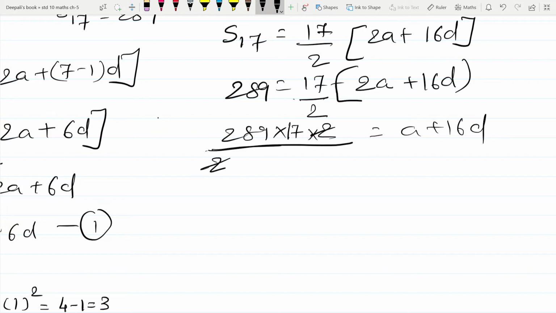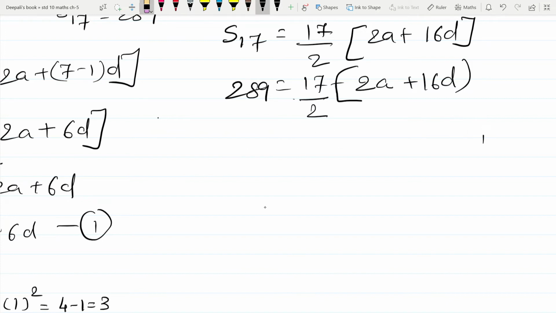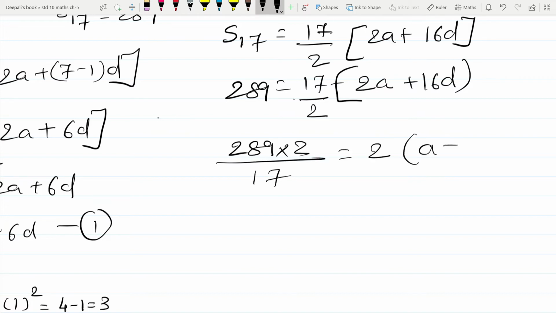So when I solve this, I get 289 into 2 upon 17 is equal to 2a plus 16d. So 17 ones are 17.